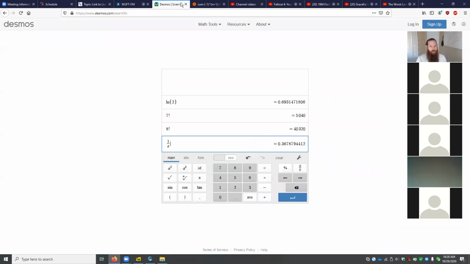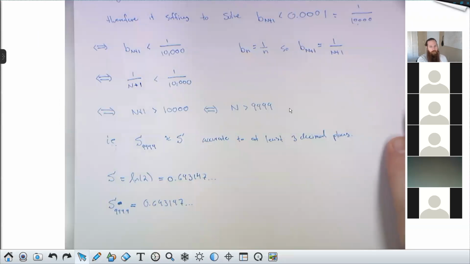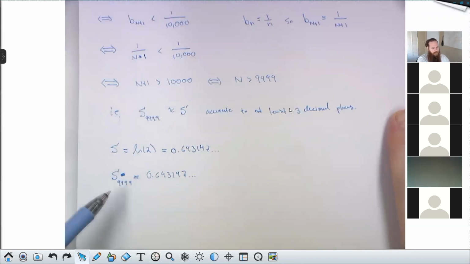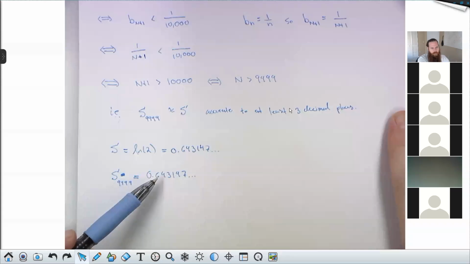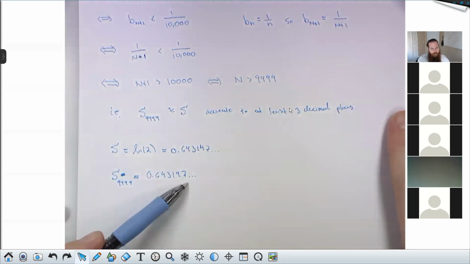What's the actual value of the natural log of 2? It's 0.693147 blah, blah, blah. So did we do the job? Well, the 9,999th partial sum of my series, which is something we can compute exactly because it is finite, has decimal representation 0.6931197.